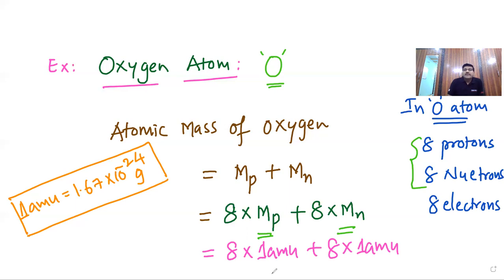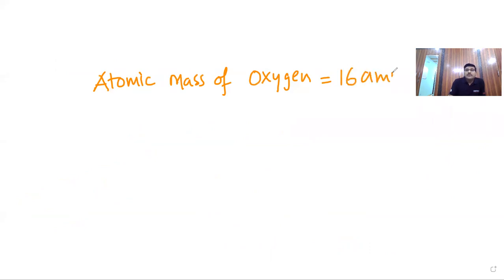So if I simplify this, the atomic mass of oxygen is equal to 8 into 1 AMU plus 8 into 1 AMU, 16 AMU. Clear? 16 atomic mass units.